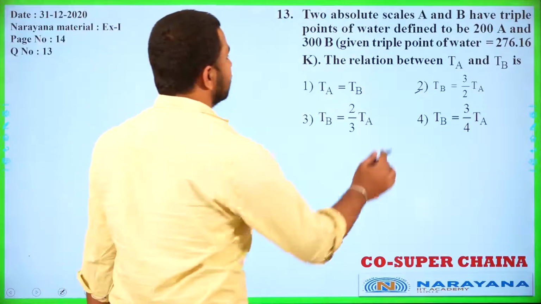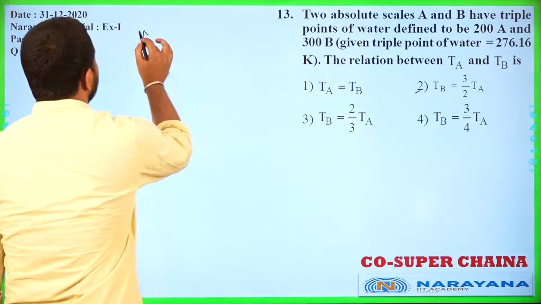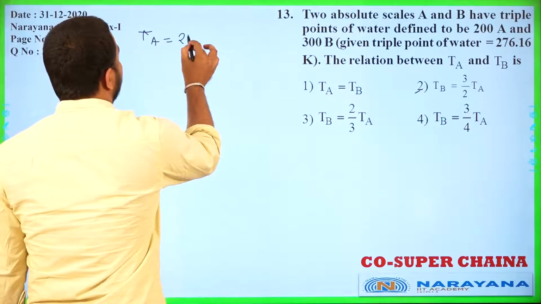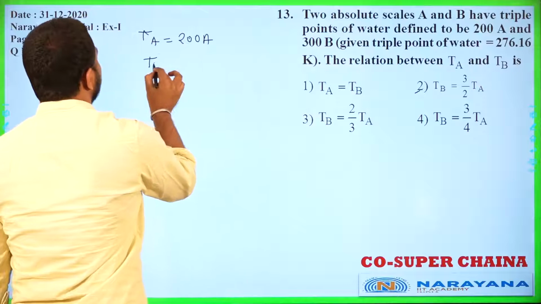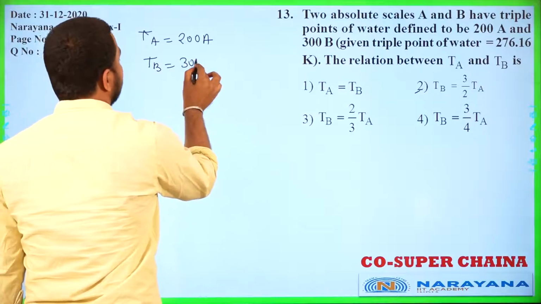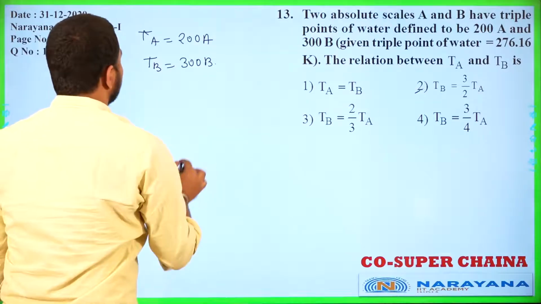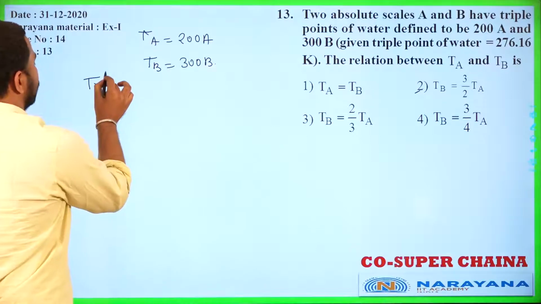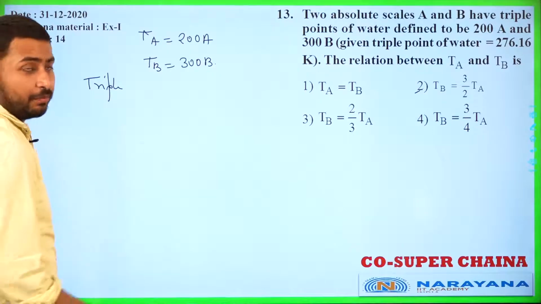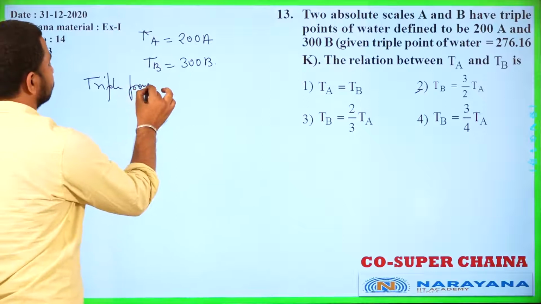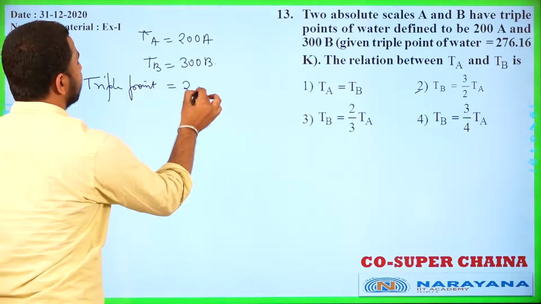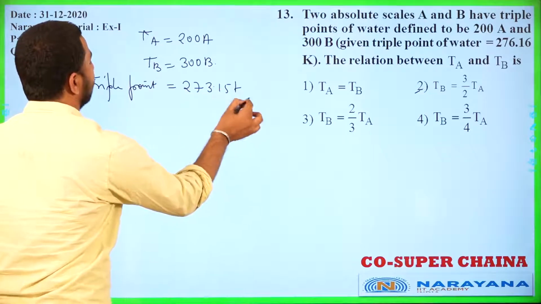Here in the question it is given that TA is 200A and TB is given as 300B. Okay, so the triple point of water, we know, is 273.15 Kelvin.